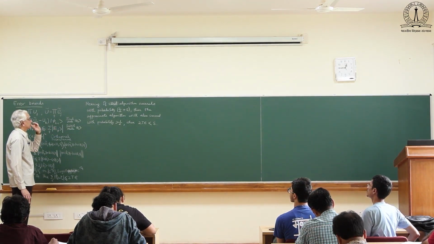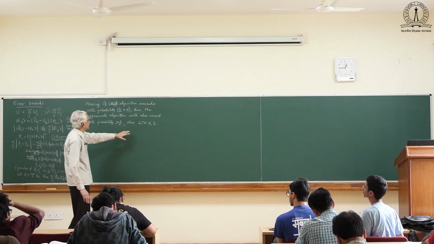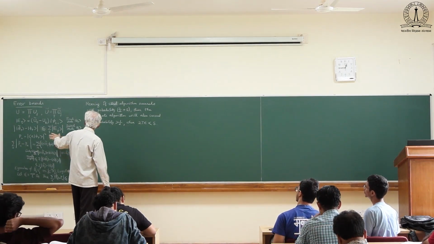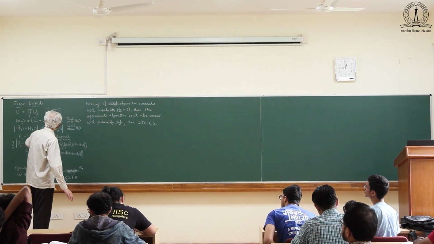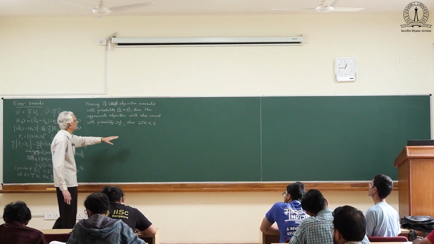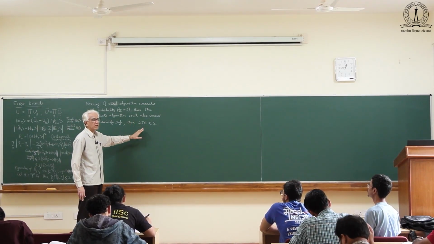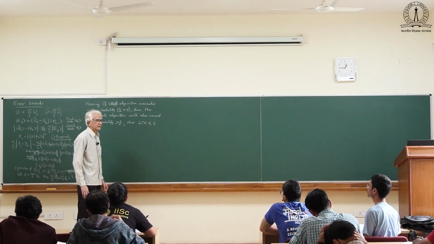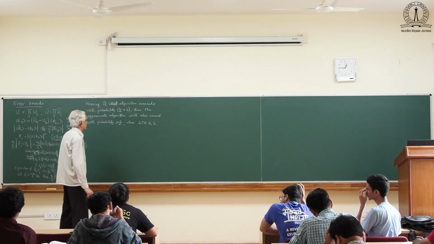Okay. So this is one part of the story. We did a general analysis. We have not assumed any particular property of what the algorithm is, etc. But we found this particular bound when we have an approximate result.